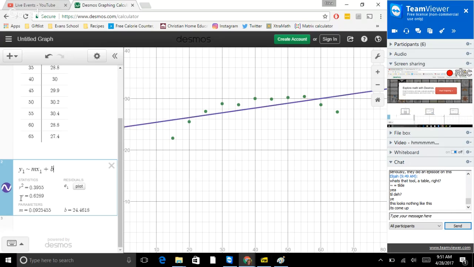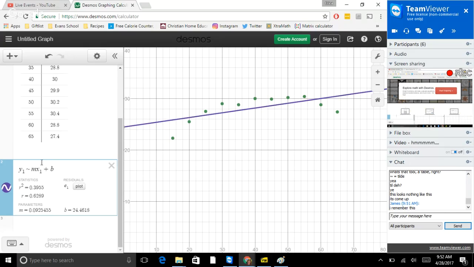An R value can be anywhere from 0 to 1, and the higher the R value, the better the correlation. Actually it can go to -1 if your graph's going the other way. But basically, the higher the number, the better. James, I remember talking to you about this, right? 0.5 is not very good at all. We're only at an R value of 0.628, something like that. Not a very good fit.